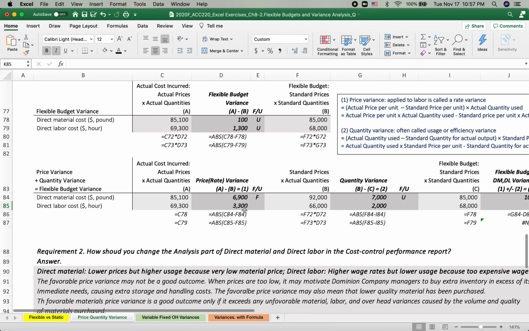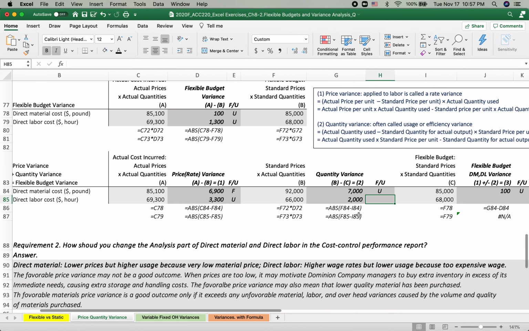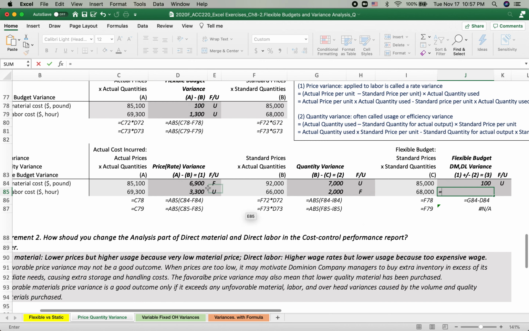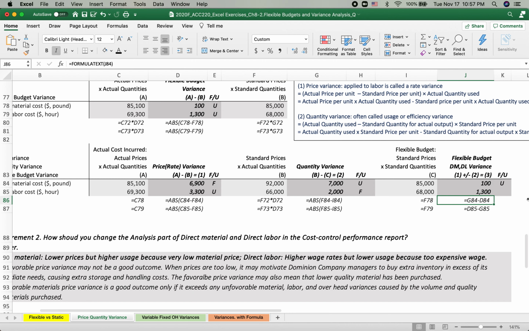Here, the direct labor cost is favorable, unfavorable, and also here 2,000. Now we found the favorable here, and the difference between the two is 1,300 because the unfavorable is greater than the favorable, so it is also unfavorable.